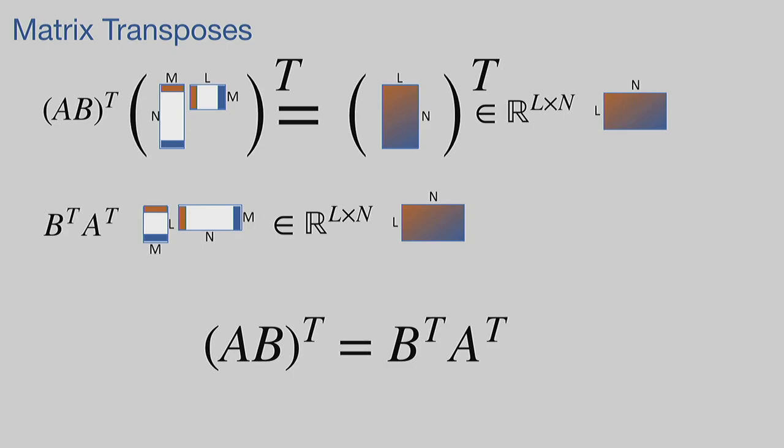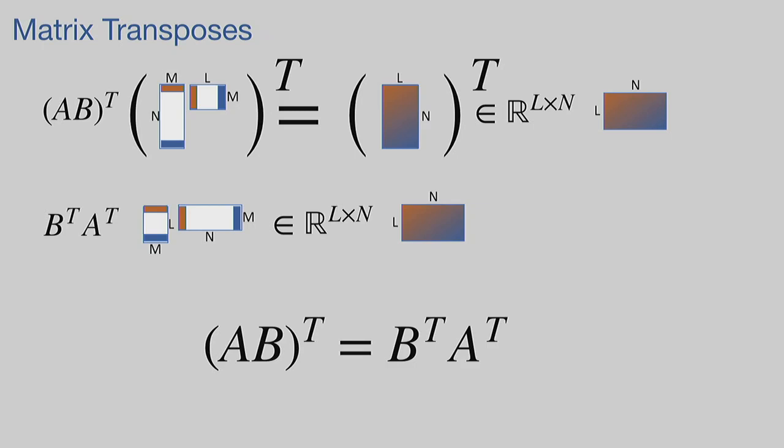Now I'm saying that if you multiply A times B and then you take the transpose, it is the same thing as first computing the transpose of B, computing the transpose of A, and then multiplying them together. So in this case, B transpose looked like this, A transpose looked like that, and you can actually see that the results of those gradients look the same. I'm not going to prove it.